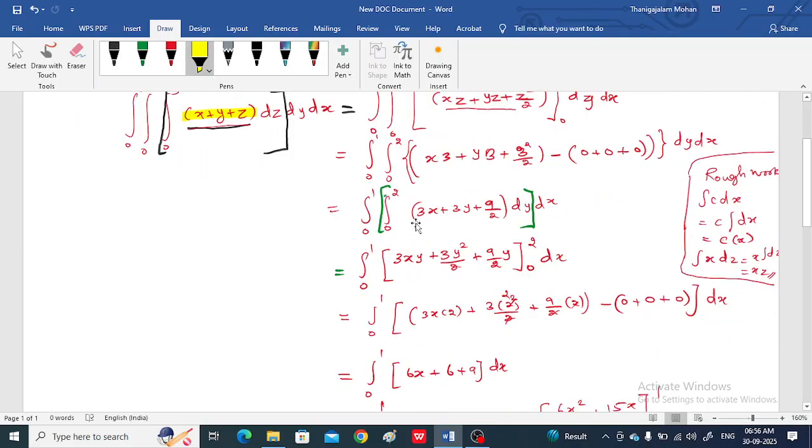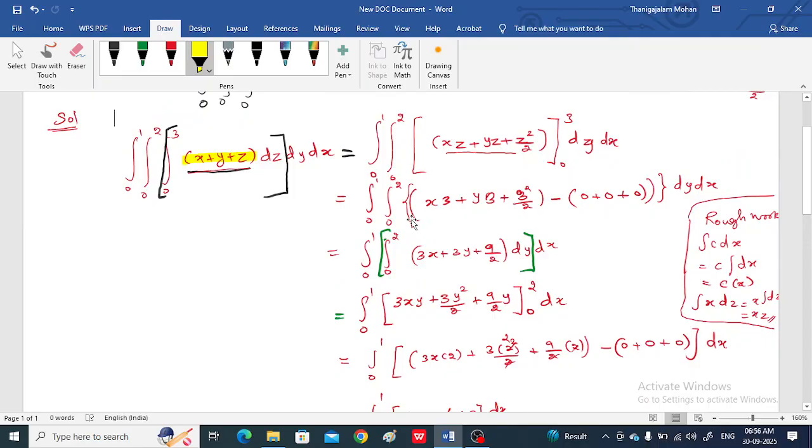Once you integrate a function with respect to one variable, straight away you need to substitute the upper and lower limits in the immediate next step. Only after that do you integrate with respect to another variable.